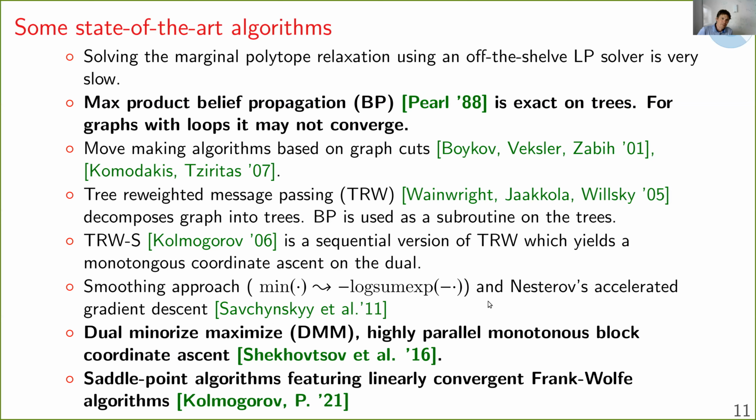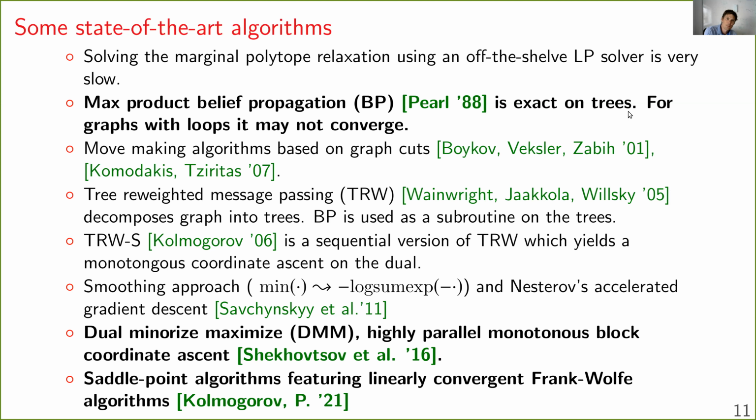So I would like to mention a few state-of-the-art algorithms that can solve these Markov random fields. I already mentioned that the standard marginal polytope relaxation using off-the-shelf solvers is slow, and usually this is restricted to small problems, doesn't work for practical problems. But there's one very nice algorithm that is exact on trees, for example, chains.